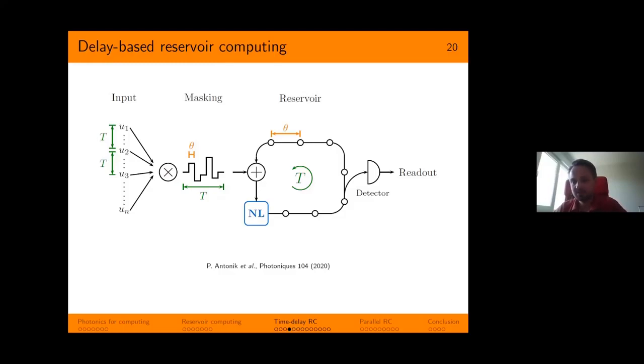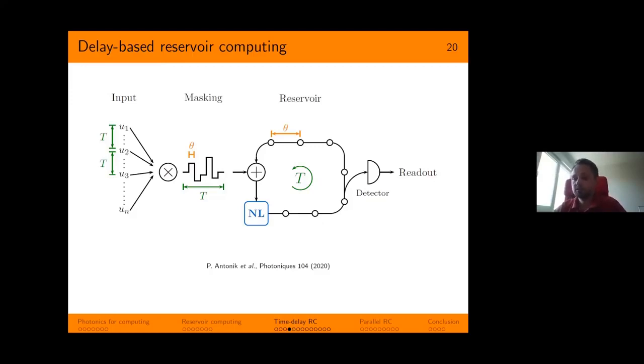But it still isn't sufficient to get a recurrent neural network because here we have all the nodes that are independent. So it's not really a network, it's just a bunch of nonlinear elements that form a group. But we want a network that is connected. And for this, we can have two solutions. Two solutions have been proposed.